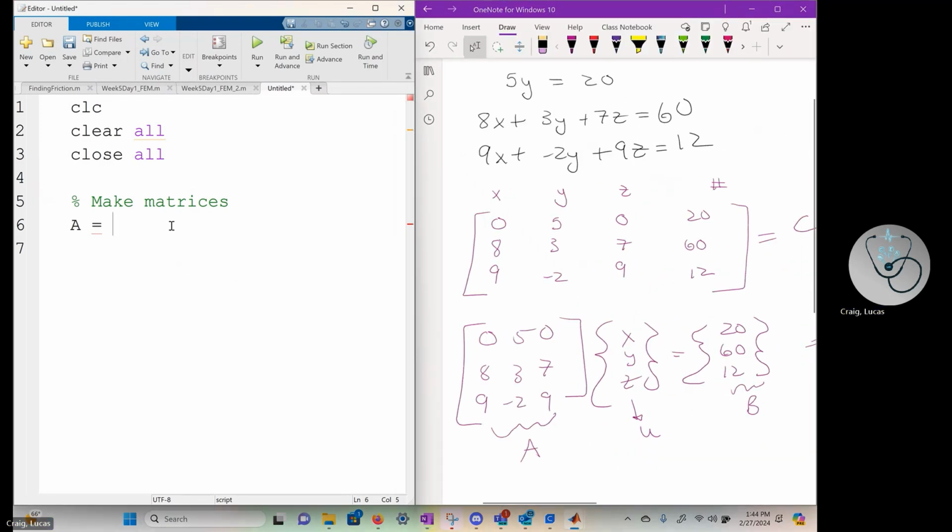Cool. So bracket 0, 5, 0, 3 dots. Then we got 8, 3, 7, 3 dots. Those 3 dots might, oh yeah, you need a space there. And then 9, -2, 9. You could do semicolons too.